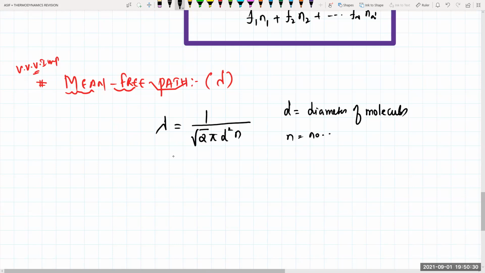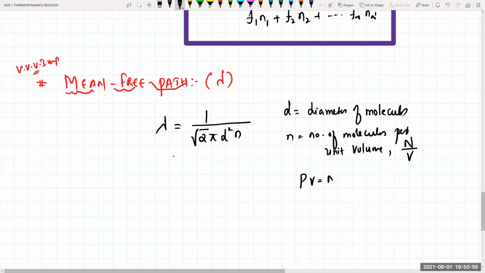N is the number of molecules per unit volume, that is N by V. Note that when you are using PV equals NkT or P equals nkT, the small n can be replaced according to the given condition.